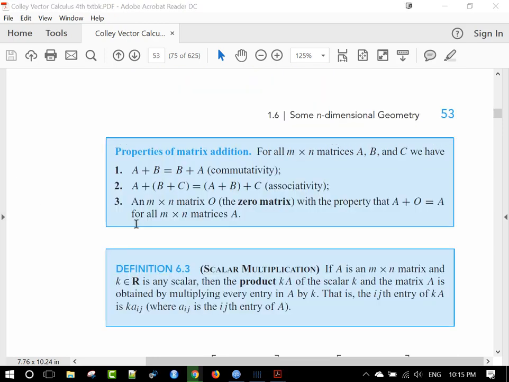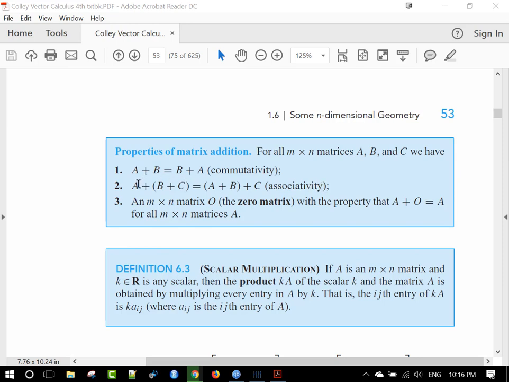Then we can talk about properties of this addition. So it is commutative. That is, you can switch the order. Remember, we had one important case where things weren't commutative, and that was the cross product, but this is commutative. You have associativity.